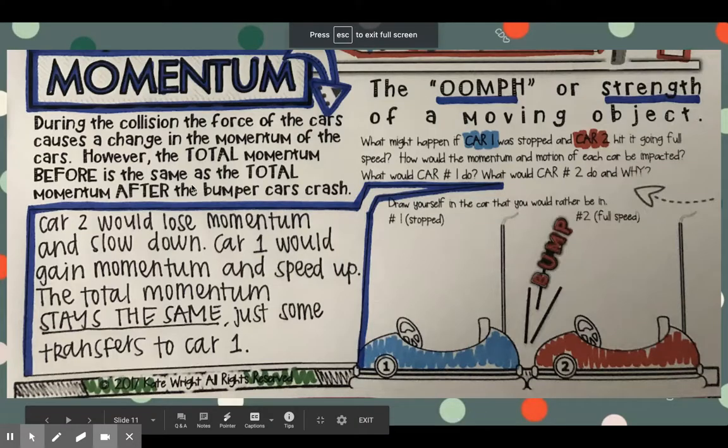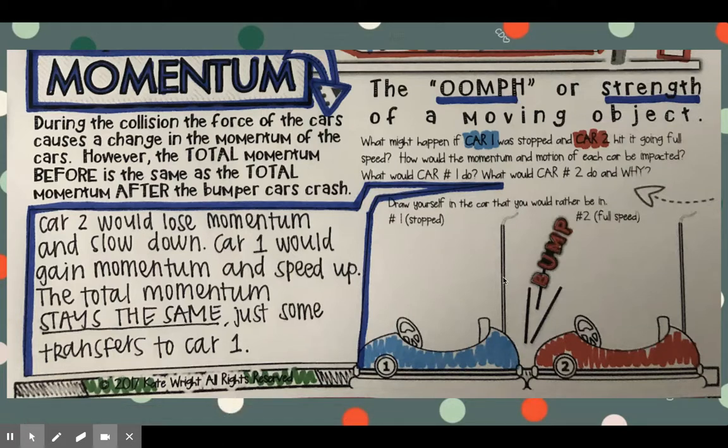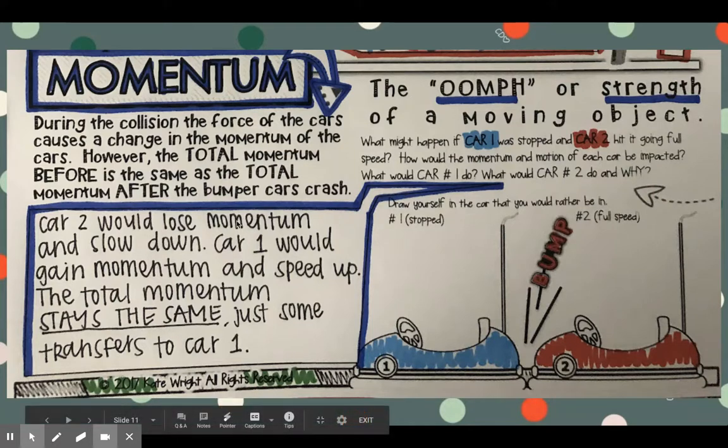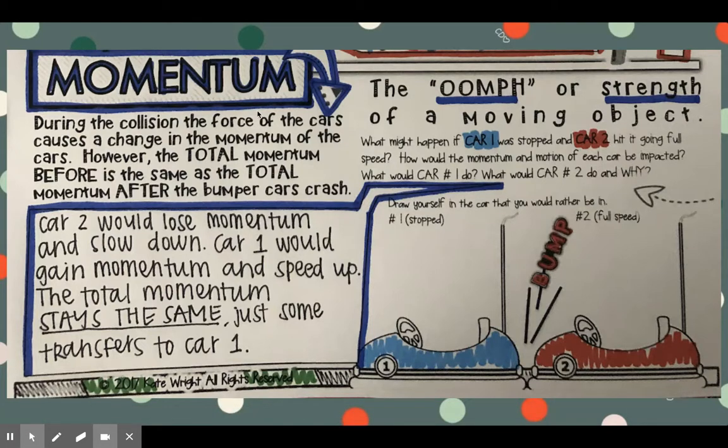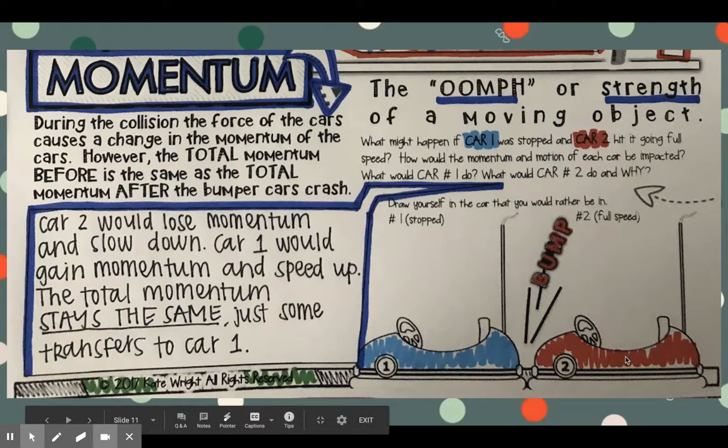Next, I'm going to talk about momentum. During the collision, we've got some cars down here. Momentum is the oomph or the strength of a moving object. During the collision, the force of the cars causes a change in the momentum of the cars. However, the total momentum before is the same as the total momentum after the bumper cars crash. So we've got two cars who bump into each other. Again, equal and opposite reaction. The red car bumps into the blue car, causing the blue car to go forward. So we've got car 1 and car 2.